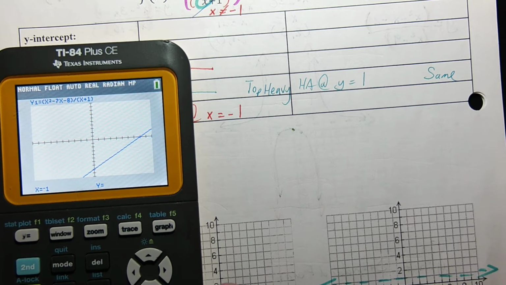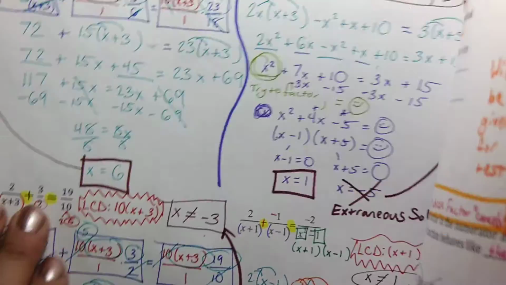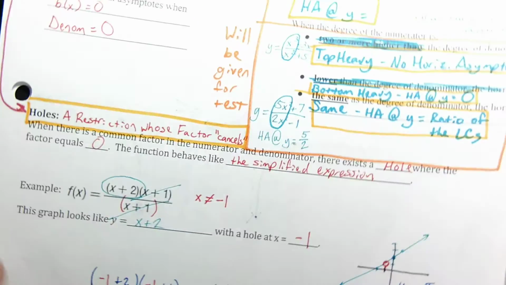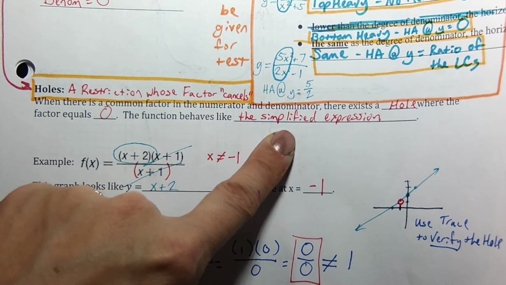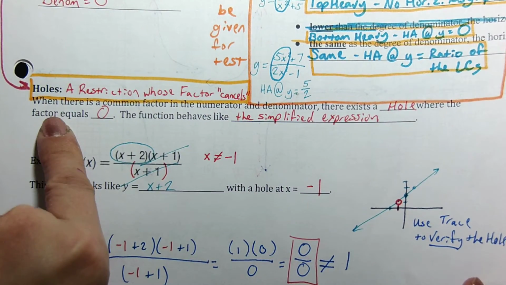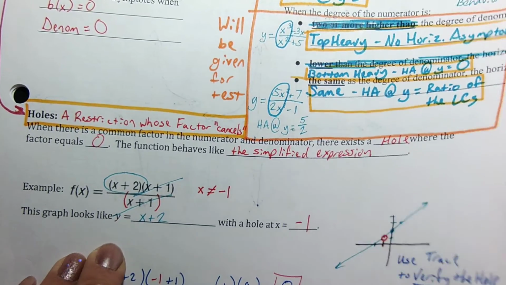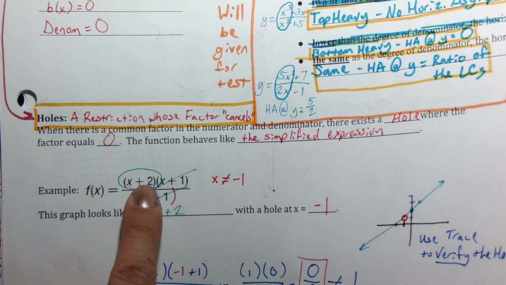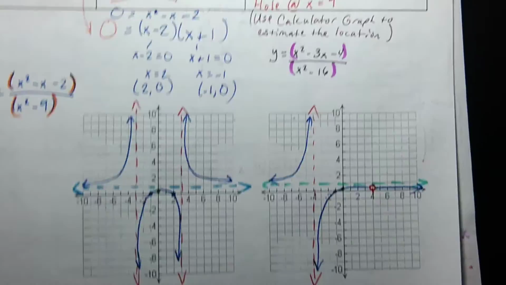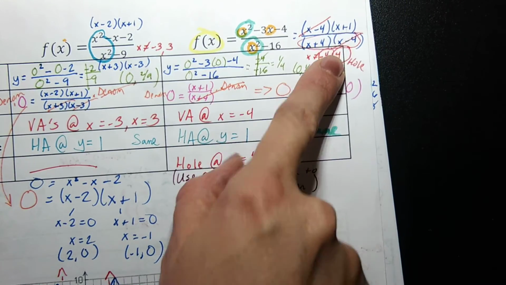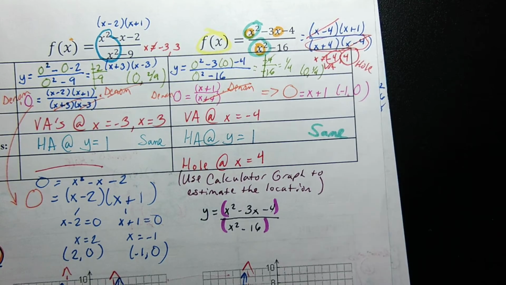So let's go back to something we mentioned on page 5. It says, when there's a common factor and we can cancel one of those factors, the function behaves like the simplified expression. Before, the function behaved like x plus 2, a line with a hole. The one we just did, it's like, oh great, it behaves like x plus 1 over x plus 4, which is just another rational function that we don't know anything about.